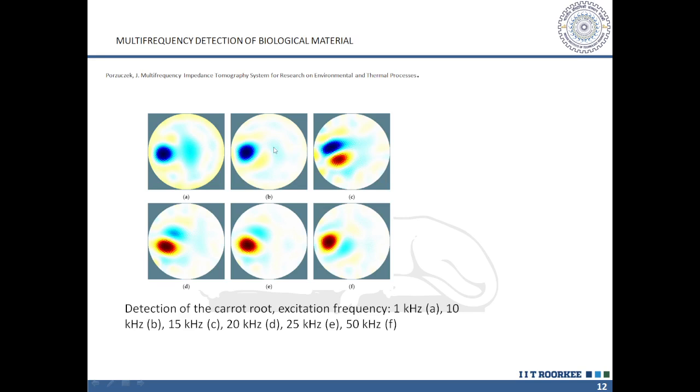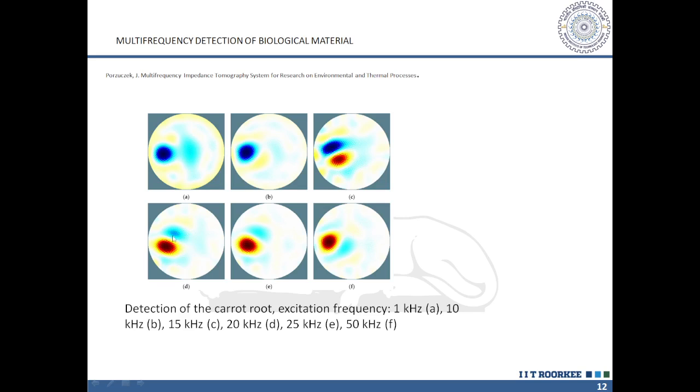And as the frequency again changed to 15 kilohertz, these other parts have started conducting, and we are getting another type of image.